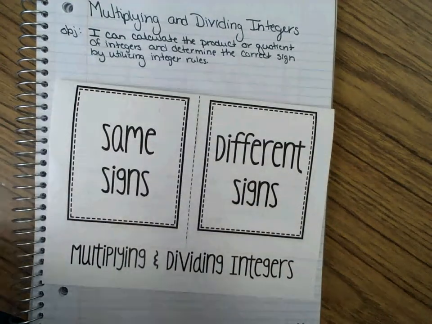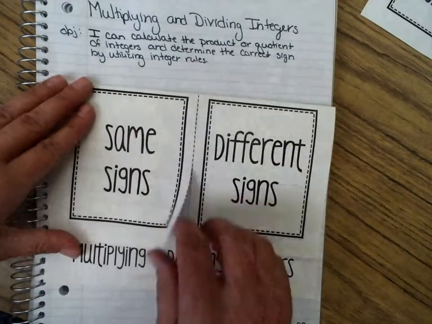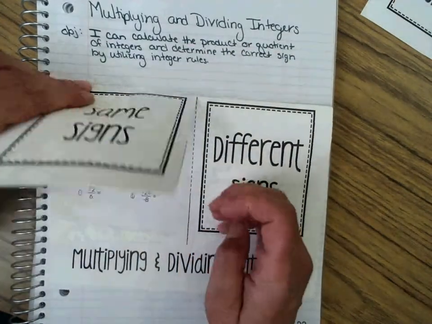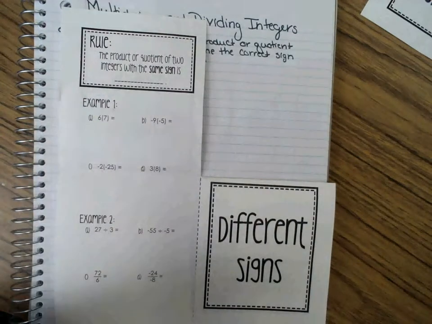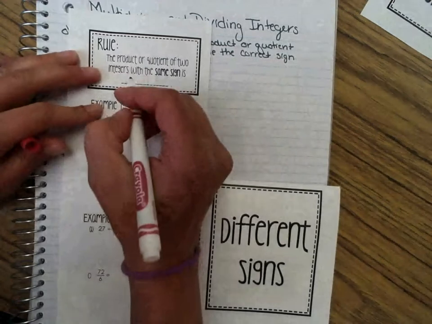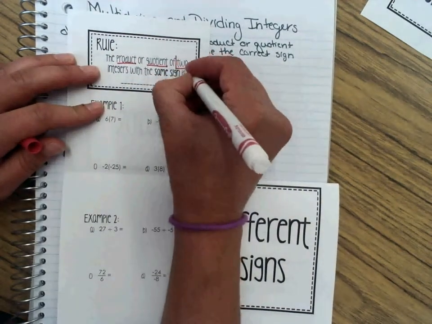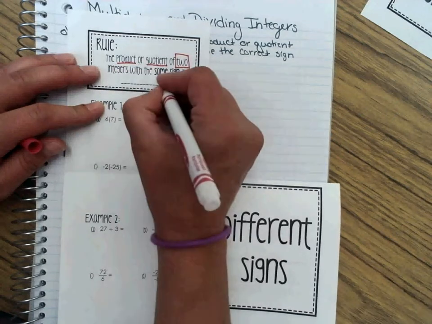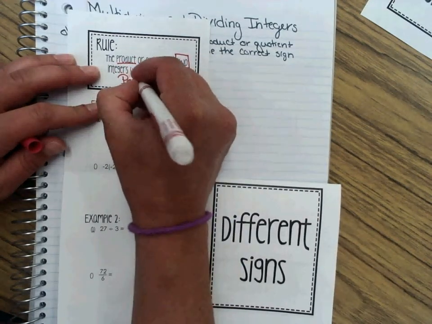So we're going to talk about the rules for multiplying and dividing integers with the same sign, okay? So if they have the same signs, meaning they're both positive or they're both negative, then the product or quotient of two integers with the same sign is always going to be positive.